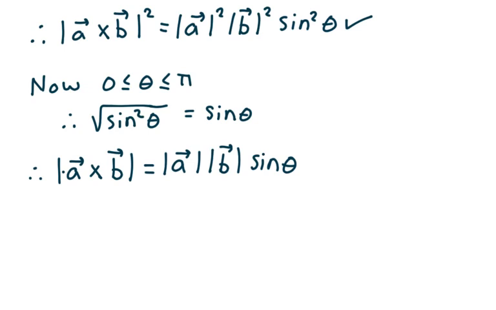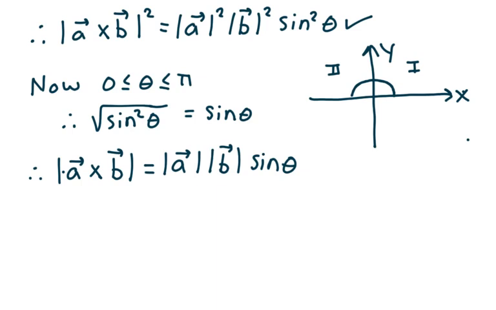And that tells me that the square root of sine squared theta is equal to sine theta, right? Because if you remember, sine is non-negative in quadrants 1 and 2. And remember, theta is between 0 and pi, so you're either in quadrant 1 or 2, so I don't have to worry about absolute value bars.